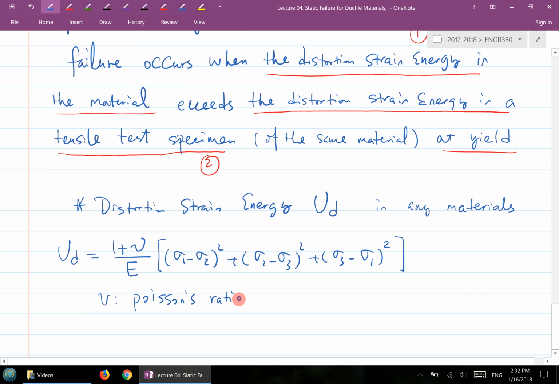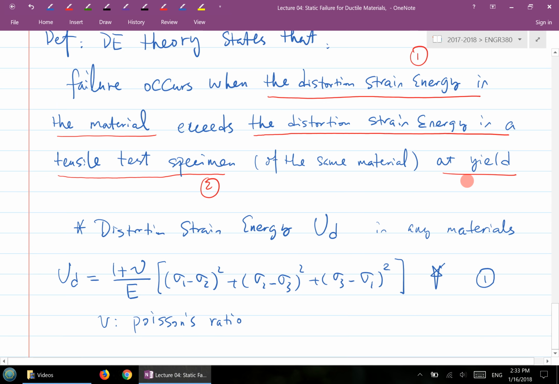E is the Young's modulus for the stiffness, and sigma 1 to sigma 3 are the principal normal stresses. So this is your distortion strain energy. Let's call this equation number 1. This is basically the first quantity, quantity 1 over here. Of course, we're going to try to derive the distortion strain energy in a tensile test specimen.